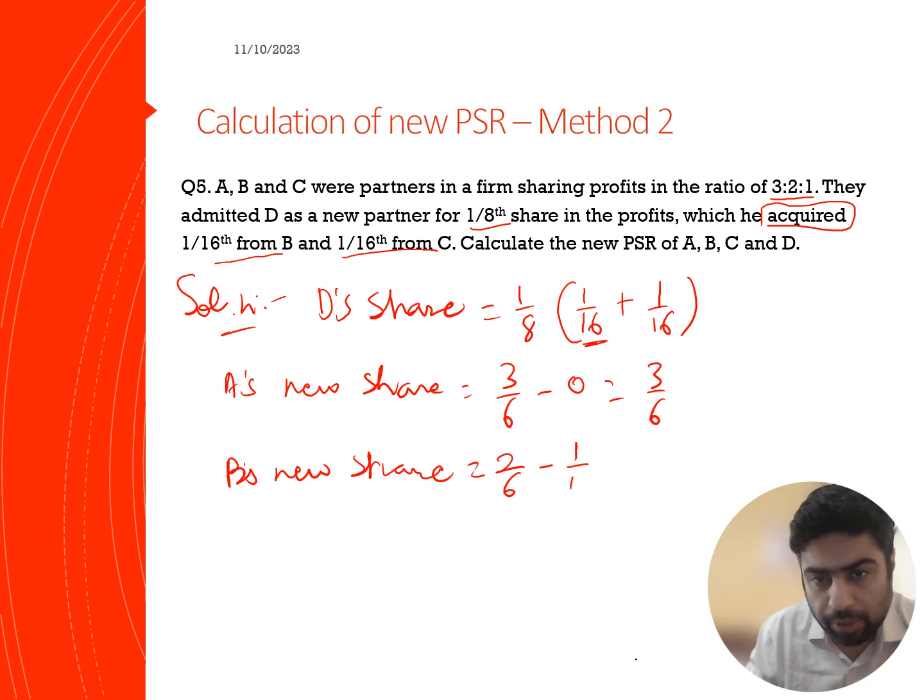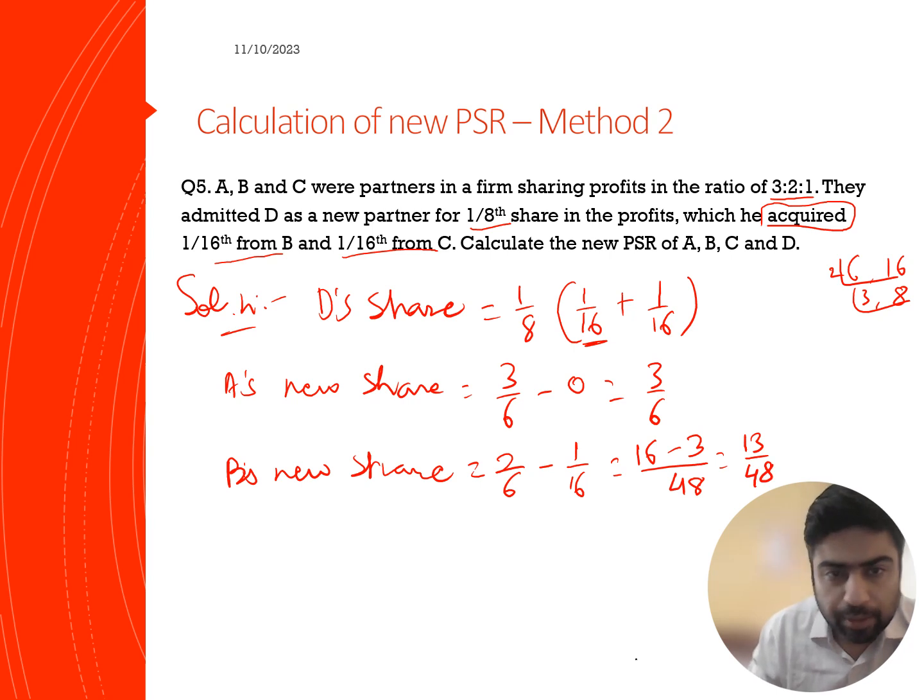So this is how we are going to do it. We can do an LCM over here, so it will be 48. So I'll write 48 here. If I divide 48 by 6, I get 8. 8 times 1 is 8, minus 3. So this will give me a value of 13 upon 48.